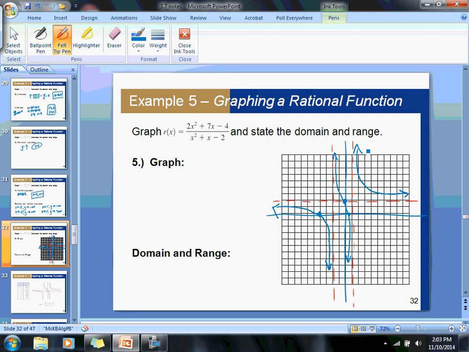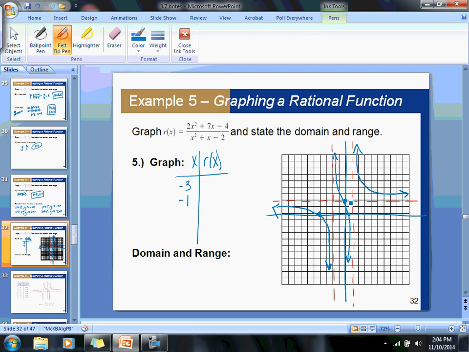And again, you can make a table of values where you are putting in x and then r of x, where you are putting in those values and seeing what you get out, and that can help you. So we tested, what was it, -3 and then -1, because those are on either side of my -2 value for my vertical asymptote.